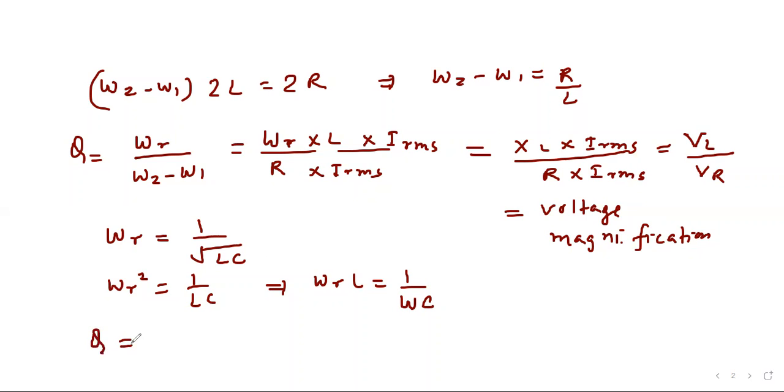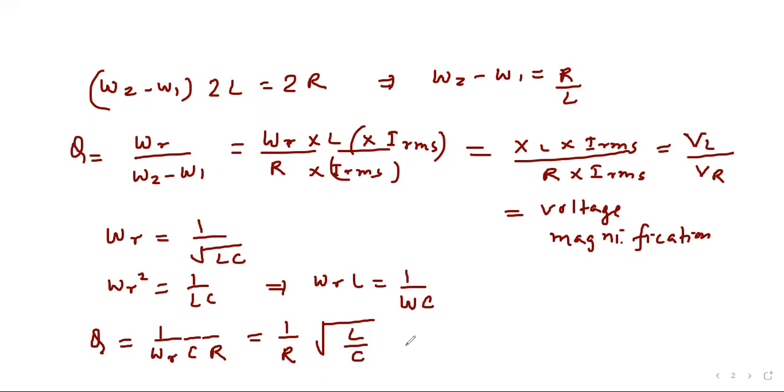Then quality factor Q will become 1 upon omega R CR. Here, leaving IRMS, we are going to replace omega R L by 1 upon omega C. So here it will be 1 upon omega C. So all three terms omega R CR will be in denominator, and this can also be written as 1 upon R times root of L upon C. So this is the expression for quality factor.